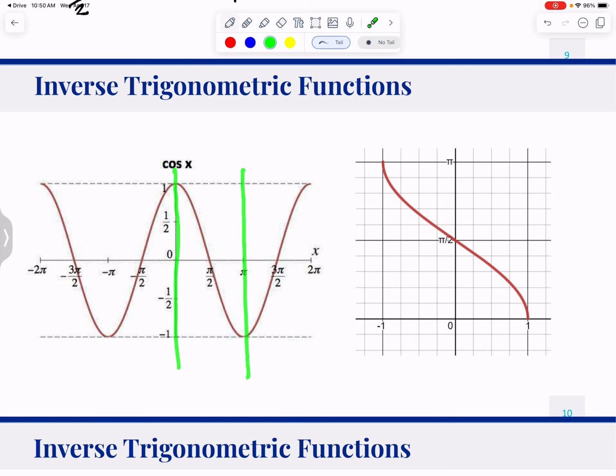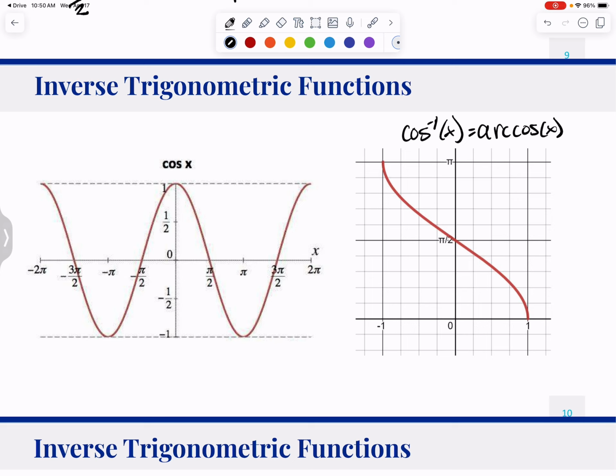So the inverse cosine function, or arc cosine. Inverse cosine is how we read that, not cosine to the negative 1. We read that inverse cosine or arc cosine. You can read either of those the same way. The domain of the original function was all reals, but we restrict it to be 0 to pi. The restricted domain.